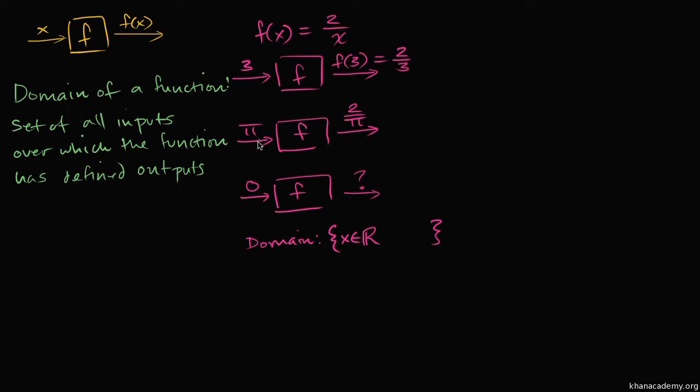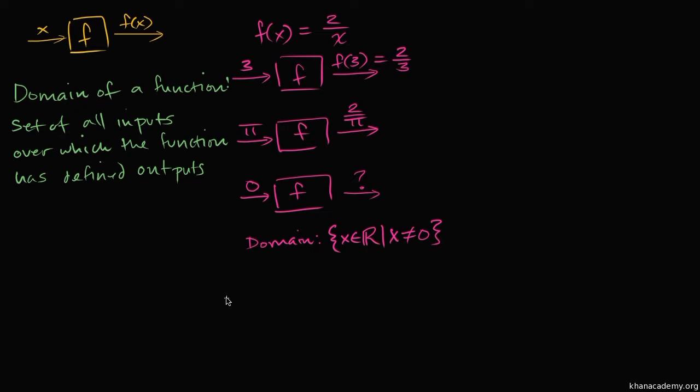It can be most of the real numbers, except it cannot be 0, because this definition is undefined when you input a 0. When we write real numbers, we write it with this kind of double stroke right over here.